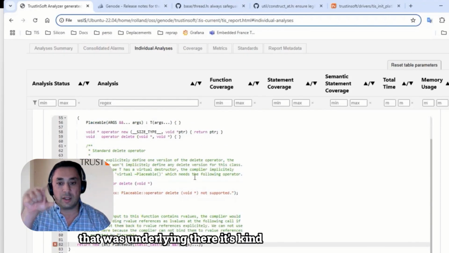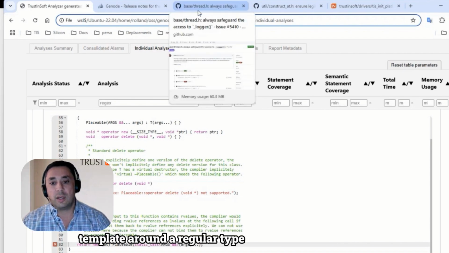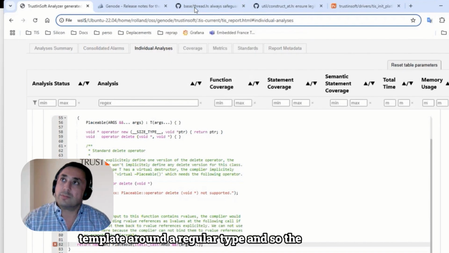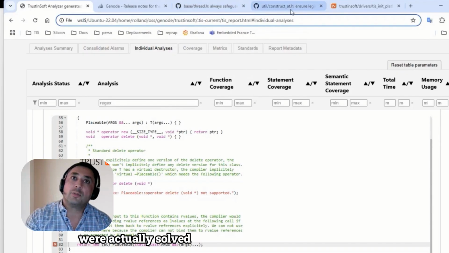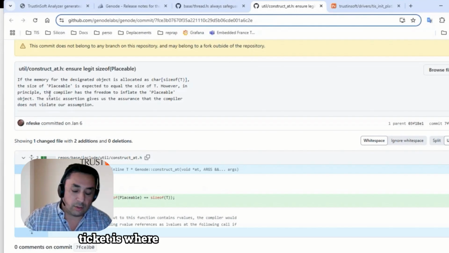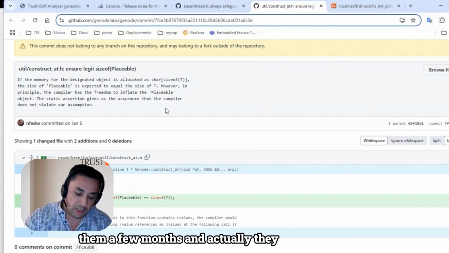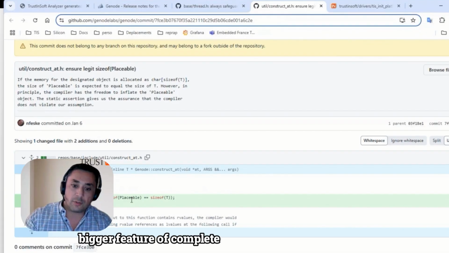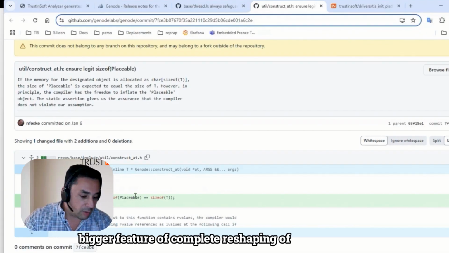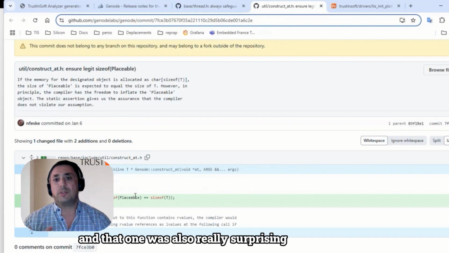It's kind of a placeable template around a regular type. The two of them were solved pretty quickly, and through a ticket, you can trace that. The third one took them a few months, and they made it a bigger feature of completely reshaping the init code. And that one was also really surprising.